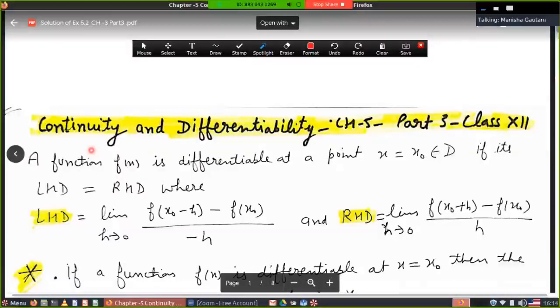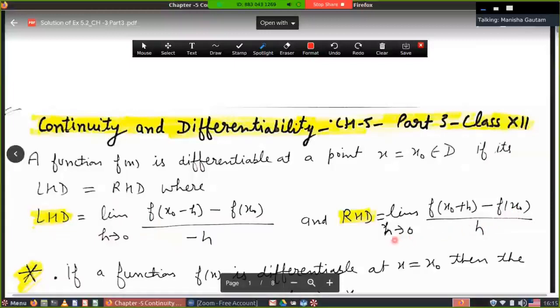For this, you have to check the left-hand derivative and right-hand derivative. A function f(x) is differentiable at a point x = x naught belonging to domain D if its left-hand derivative and right-hand derivative are equal, where the left-hand derivative is limit h tending to 0 of [f(x naught minus h) minus f(x naught)] upon minus h, and the right-hand derivative is limit h tends to 0 of [f(x naught plus h) minus f(x naught)] upon h.